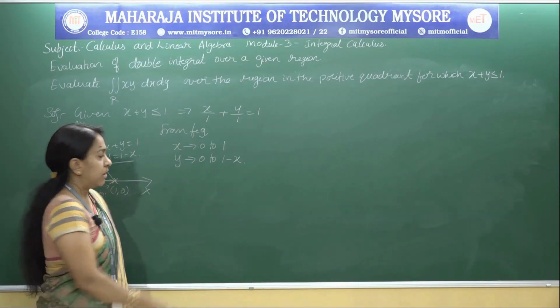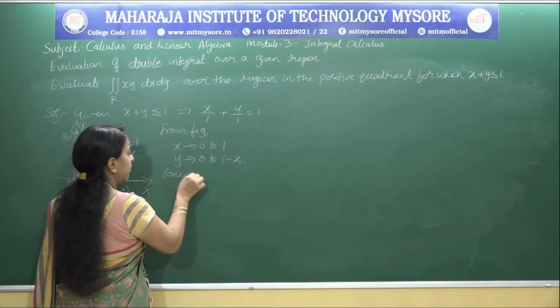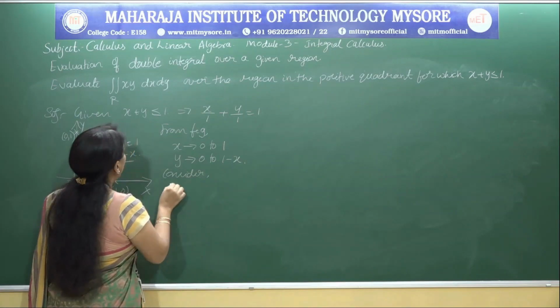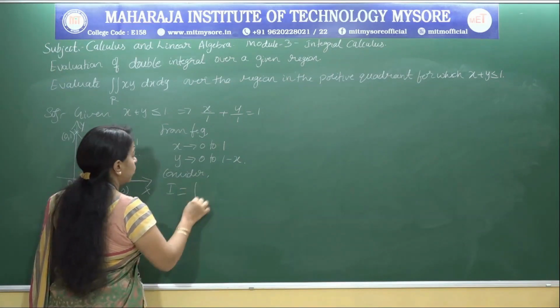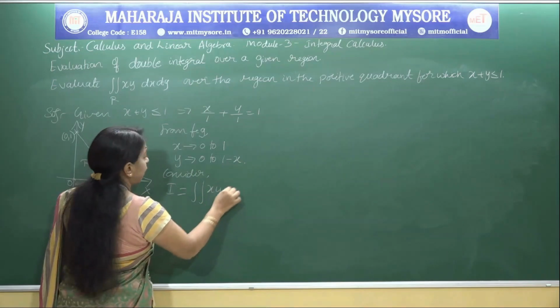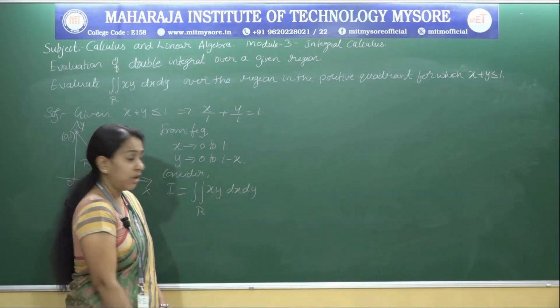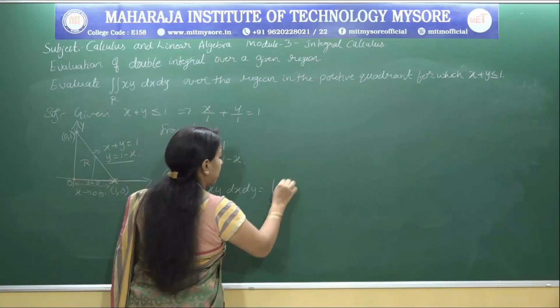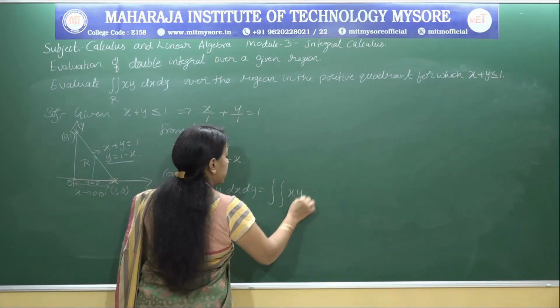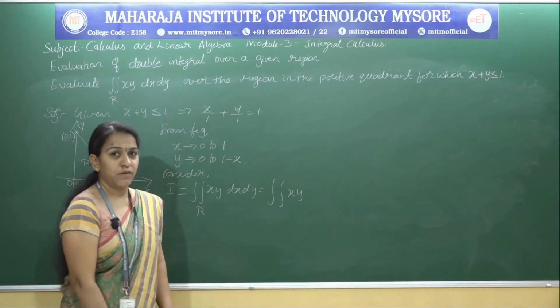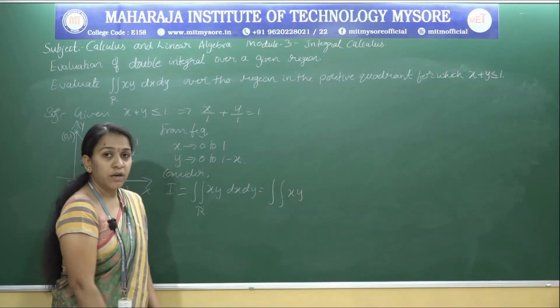Now consider the given double integral. I equal to double integral xy dx dy over the region R. Replace your limits. What should be the outer limit?